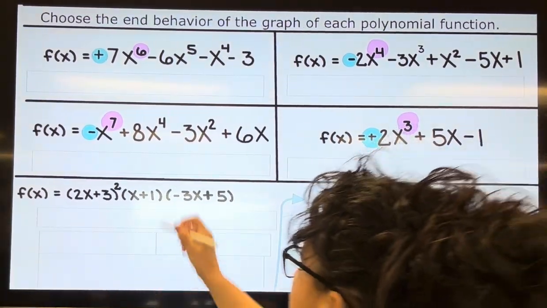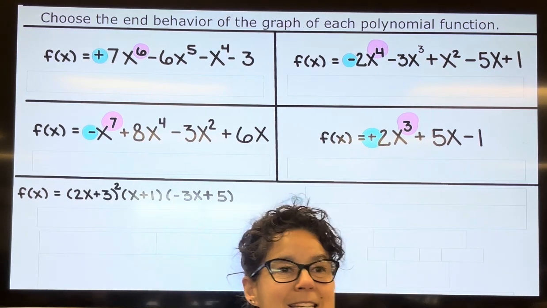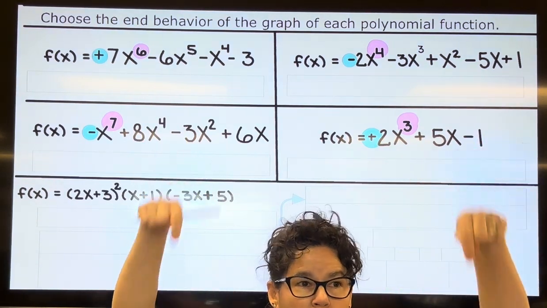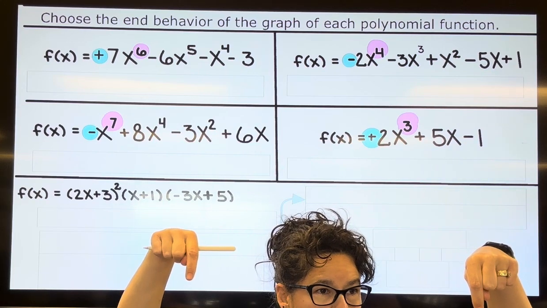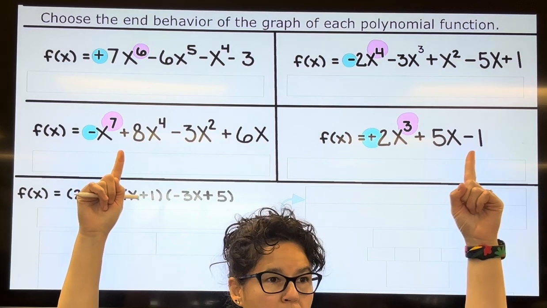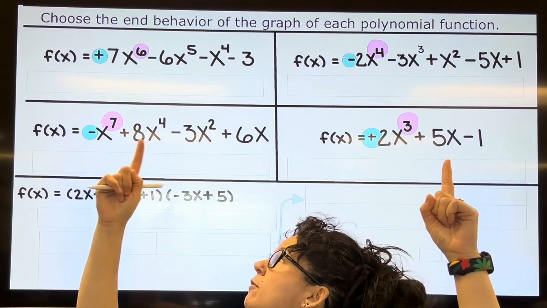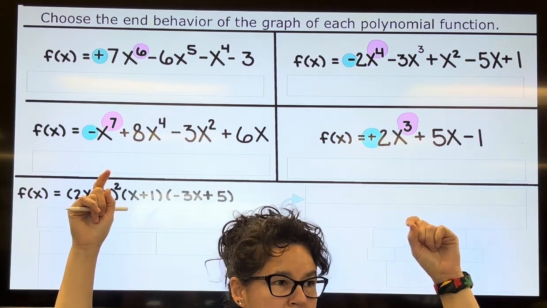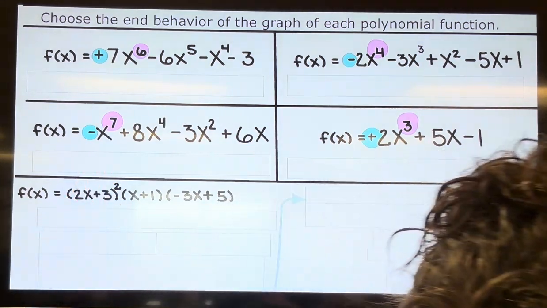This one here, my first thought is x to the 6th power, so it's even, so they're either both up or both down. But because it's a positive in the front, I know that they are both up. So if they're both up, it rises to the left and it rises to the right.